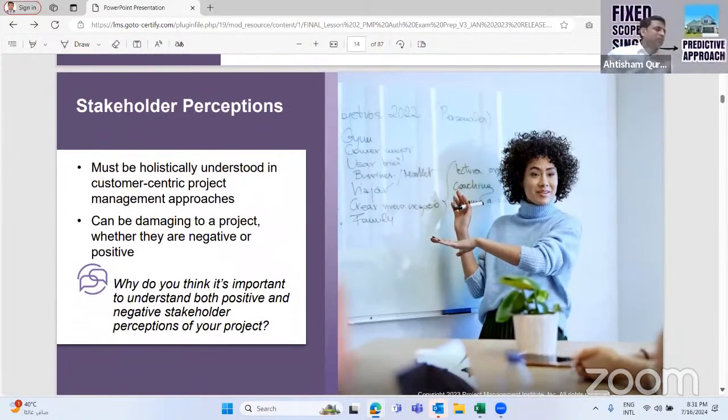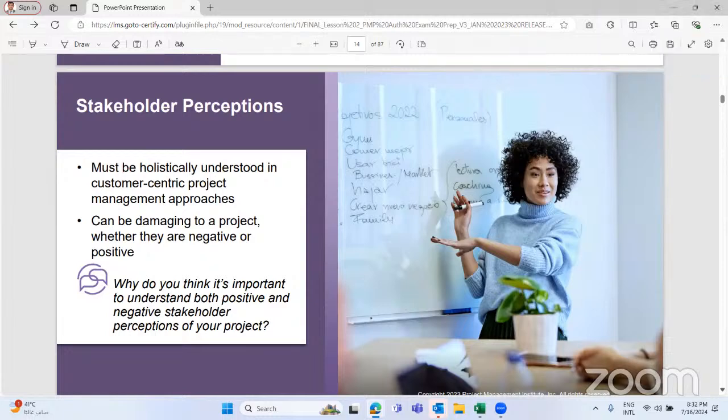So now stakeholders might have some perceptions, or those perceptions also need to be managed, because you being aggressive and assertive might be perceived, I mean, that could be our perception about you, right?